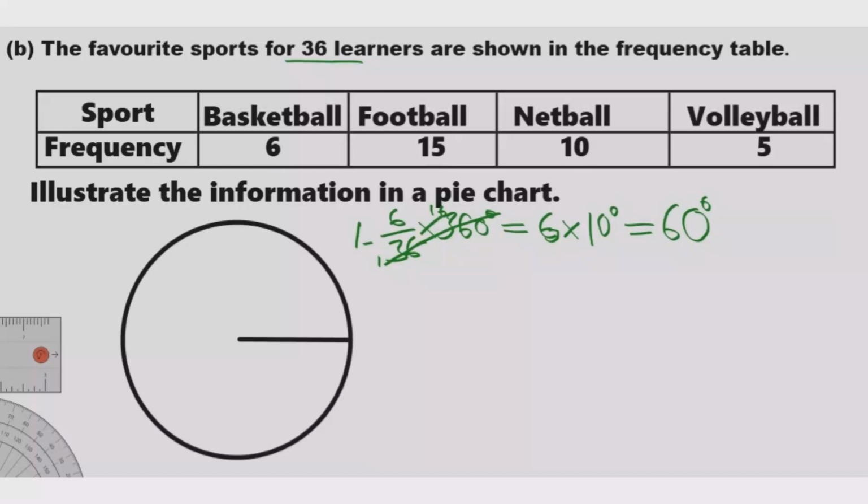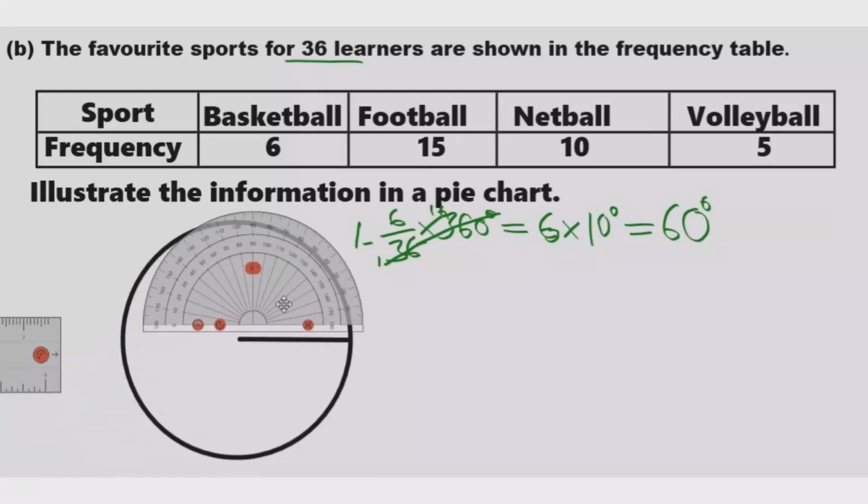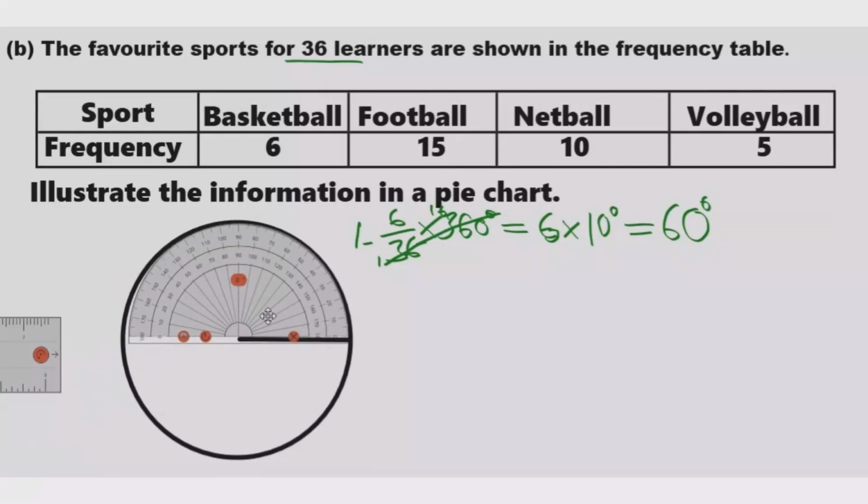So what we do, we get the compass and bring it here. Then once we bring it here, we mark where there is 60. So we use the outer readings. So where is 60? We can see that 60 is here.